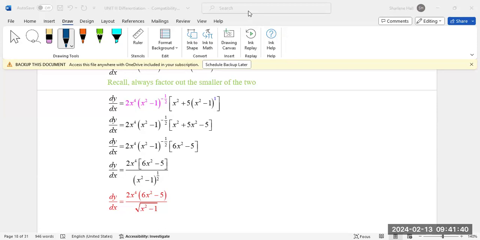There are other questions that we'll get, but I'm not concerned with doing any other questions. It's just for you to recognize that when you're getting to factorizations, you always factor out the smaller of the two. It's very important that you recognize that we're factoring out the smaller of the two.